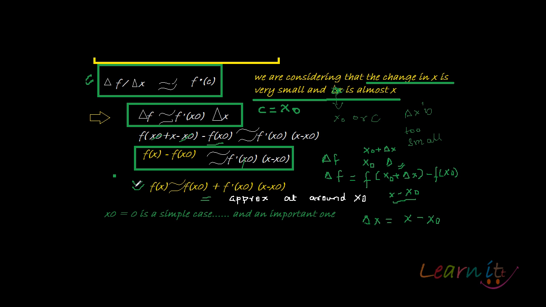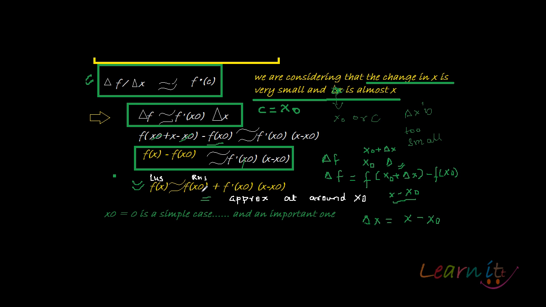What we are trying to say is that this LHS is almost like RHS around the point x naught. We'll be looking at certain examples and trying to figure out what exactly we mean. We have seen an example of logarithm, exponential, but mathematically this is what we mean.